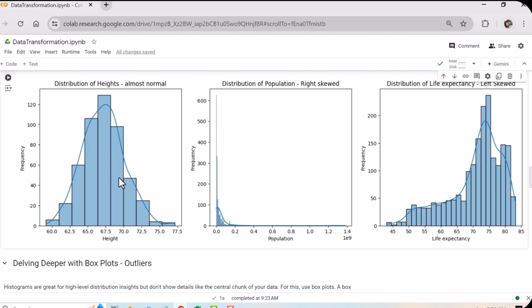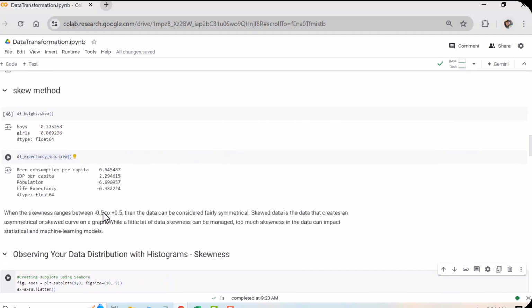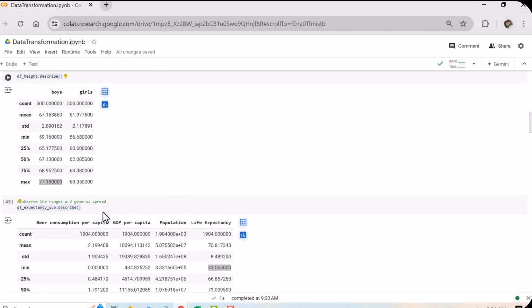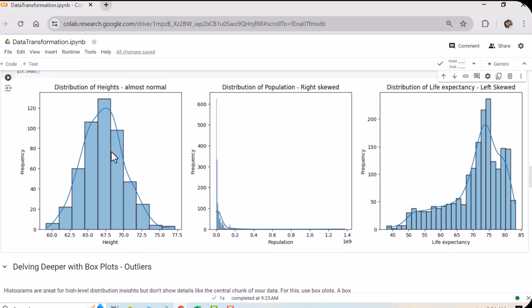Though this is not a completely normal distribution, we also know that the mean here coincides with the median. Let's see what the mean is in the case of boys. In the case of boys, the mean is 67.16 and the median is also around the same. So the mean is here, and most of the data points lie in this area.